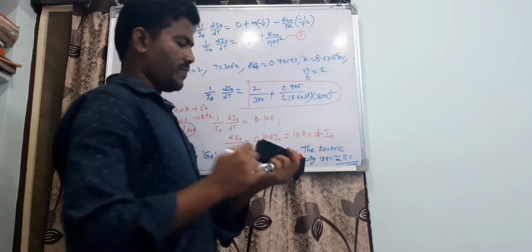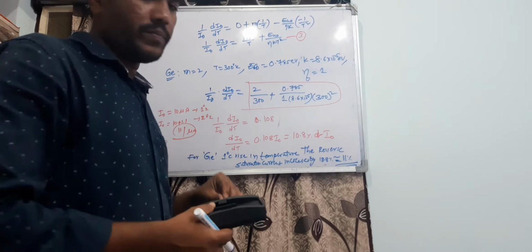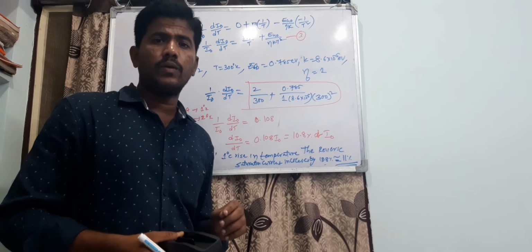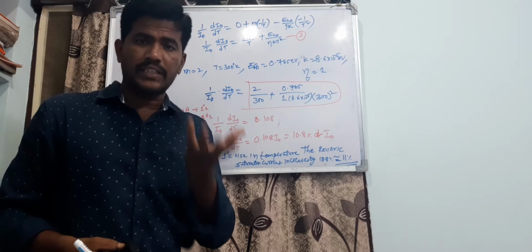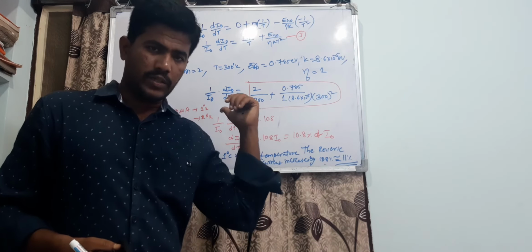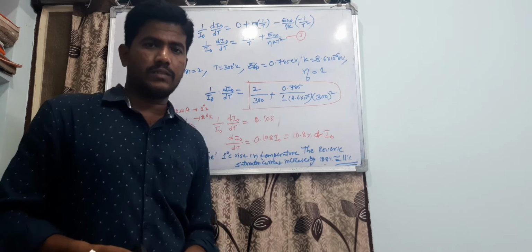You have to remember this after the entire conclusion. If anybody asks you what is the percentage of change in the reverse saturation current for germanium diode, it will be 11%.